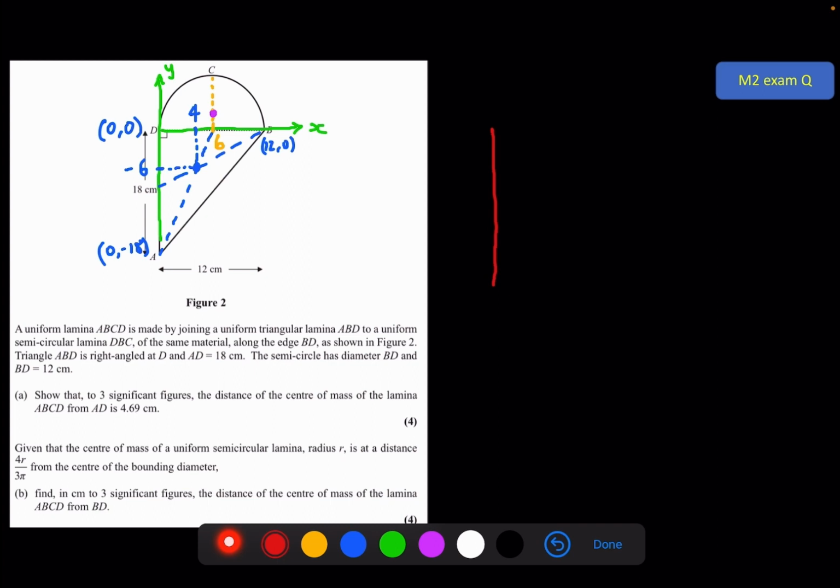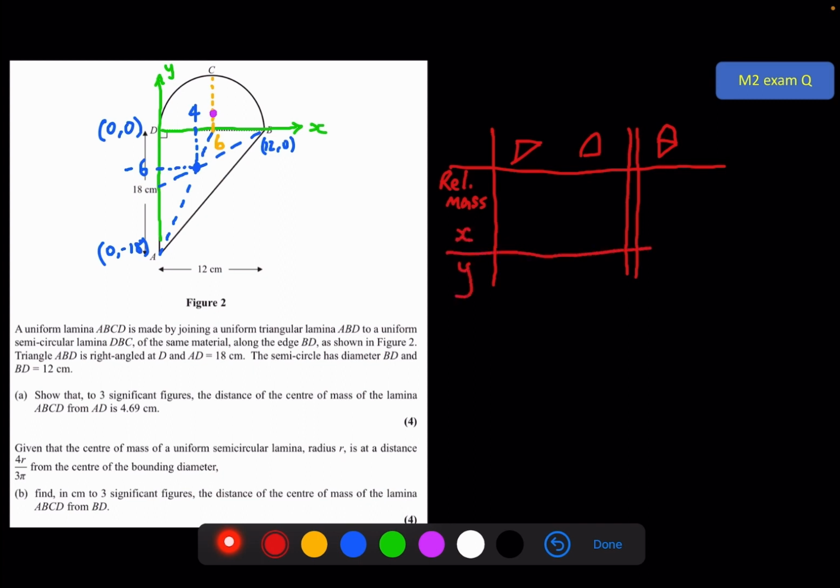So let's go ahead and do that. I'll put the y-coordinates in my table, but I won't actually use that just yet. So we've got the triangle, semicircle, and then the full lamina, triangle and semicircle together. We need the relative mass, which we'll calculate by finding the area of each one, the x-coordinate, and the y-coordinate.